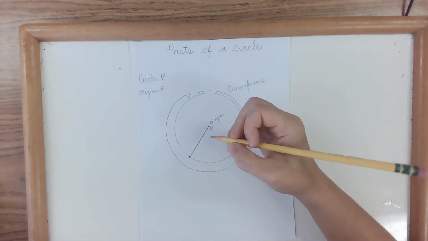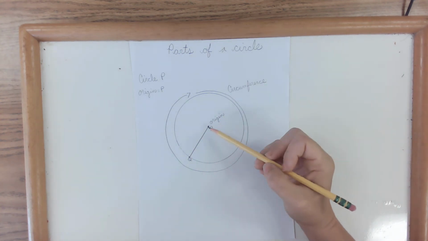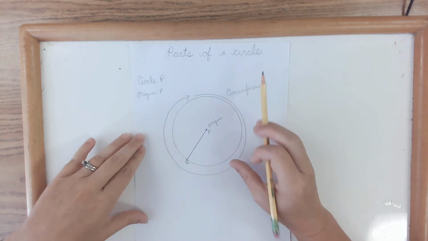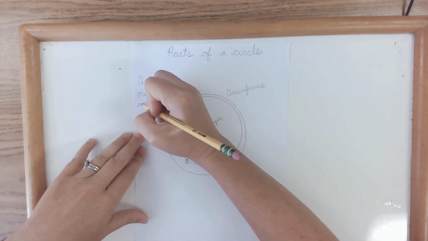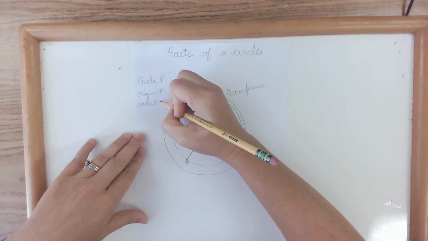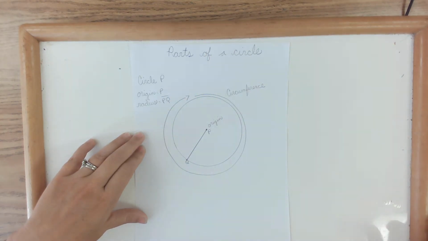I'm going to call this point Q. So this is radius PQ. That is going to be P and Q. The line above it just means it's a line segment.